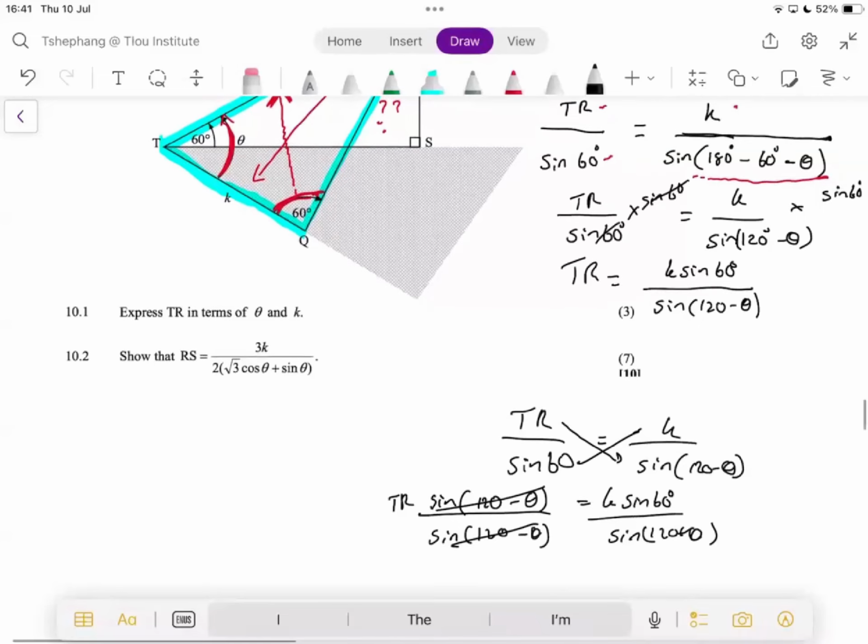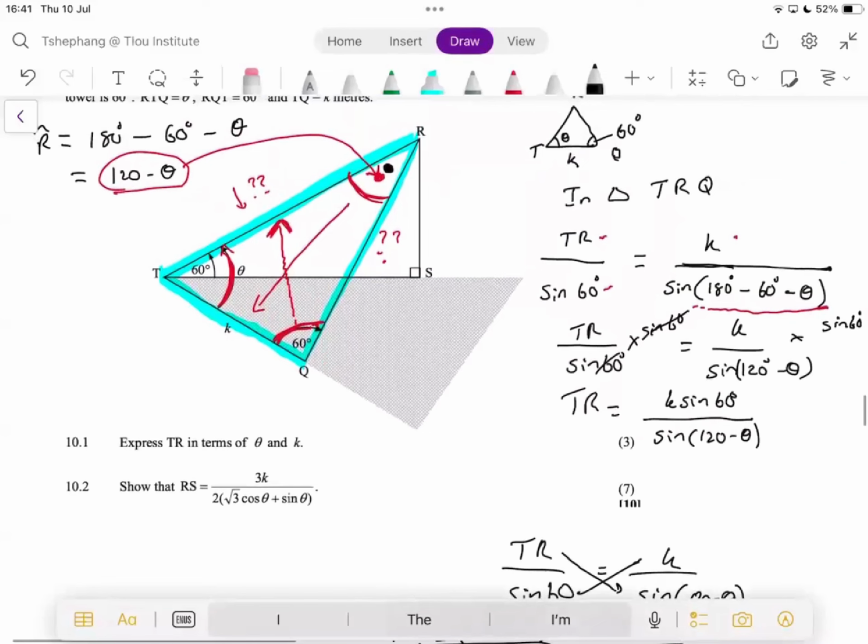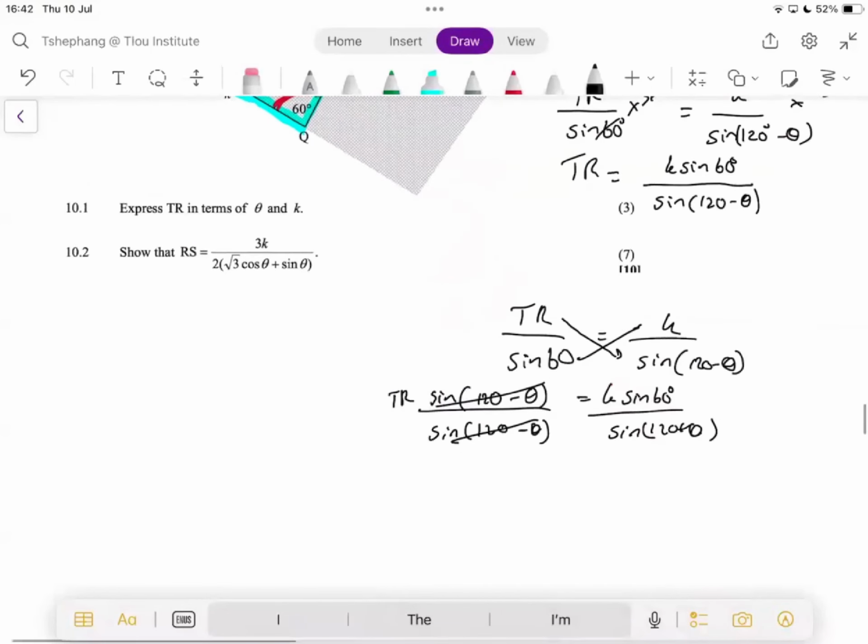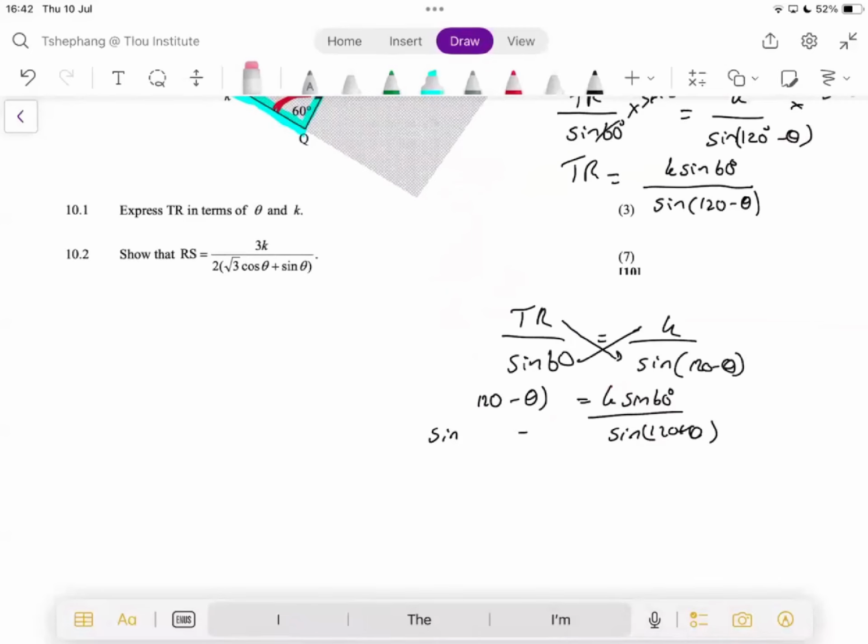Okay, perfect. Now they're saying, show that RS is equal to 3K all over 2 into root of 3 cos of theta plus sine of theta. Okay, let me just erase this so I have some space to do this.